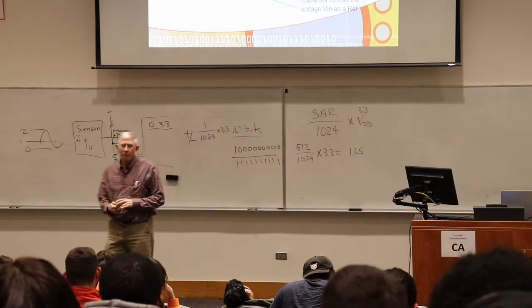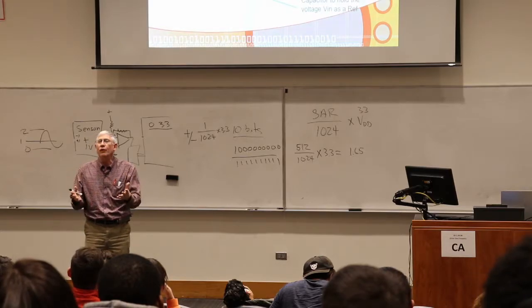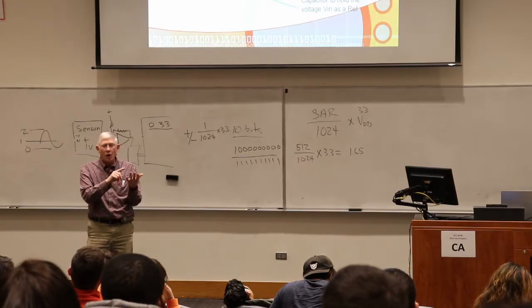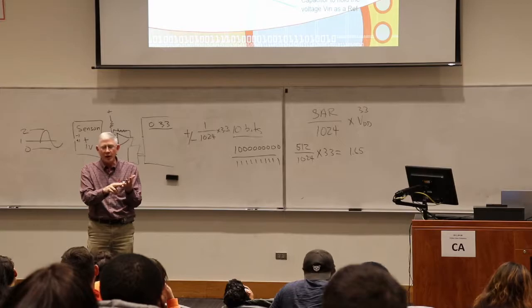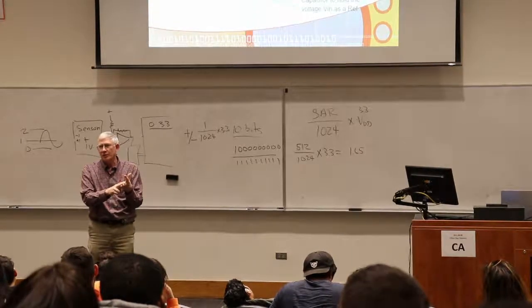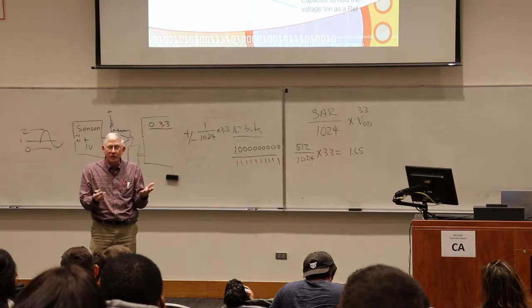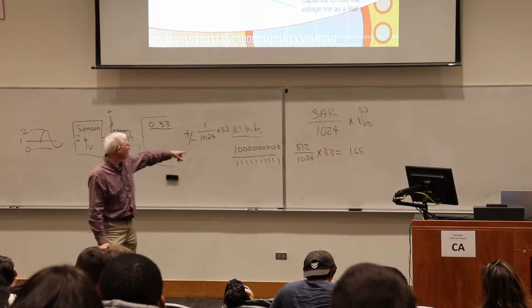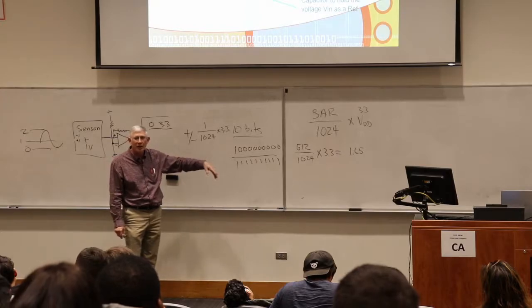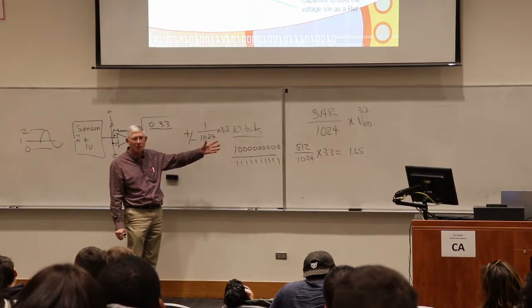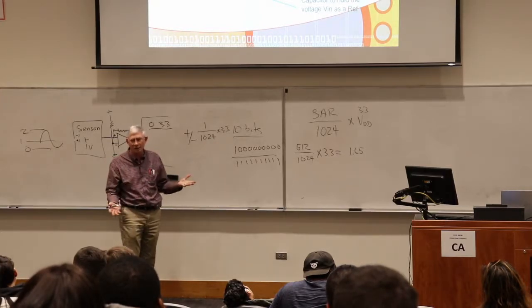Now, why do you think, this is a nice little tidbit, it took me 70 some odd years to learn. Why do you think that our fixed voltage reference is 1024, 2048, and 4096? It works out that if you take 1/1024 of 1.024, it's a nice even, it's not a non-terminating fraction.